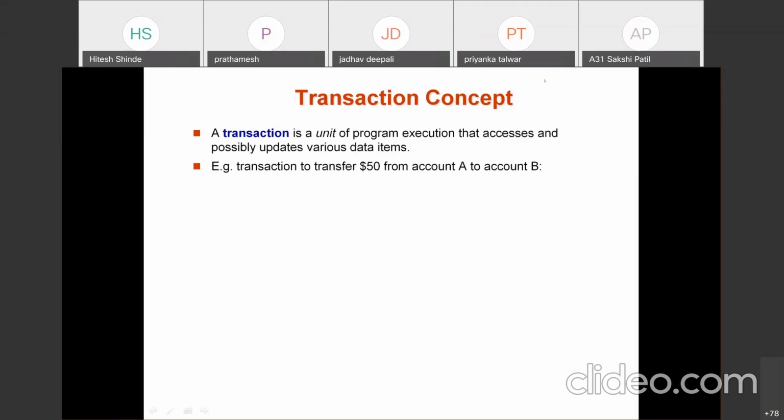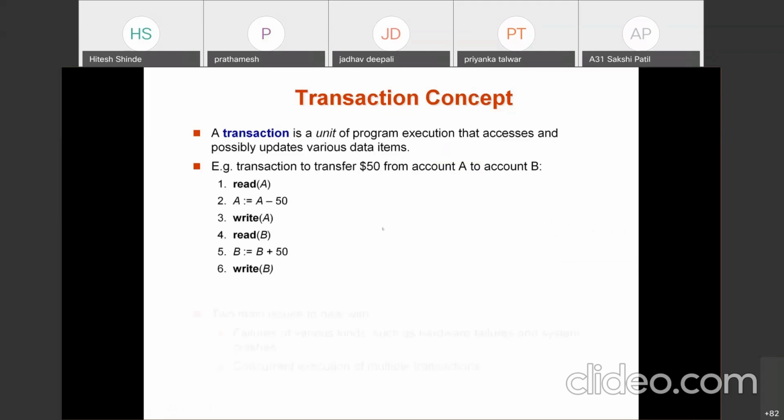We call these properties ACID properties. So what is A, what is C, what is I, and what is D? We are going to see it one by one. First we see the definition of these ACID properties, then with the example we will see in detail what is meant by these ACID properties.